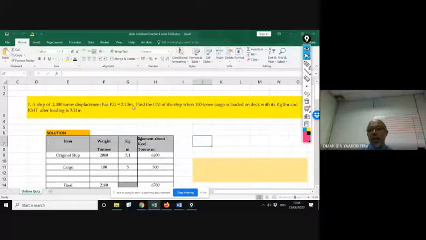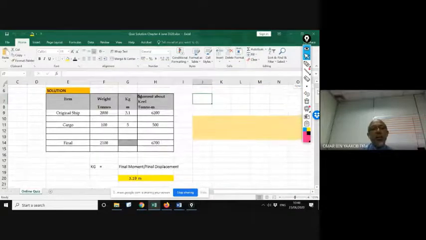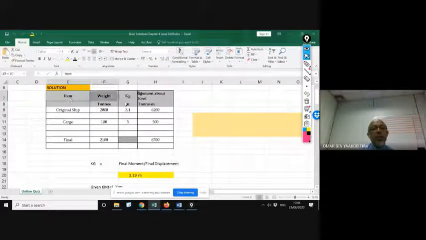A ship of 2000 tons displacement has KG of 3.1 meters. Find the GM of the ship when 100 tons is loaded on deck with KG 5 meters and KM after loading is 3.21. So always when we have a question like this, like just now in our example, we have this table, called the loading table.